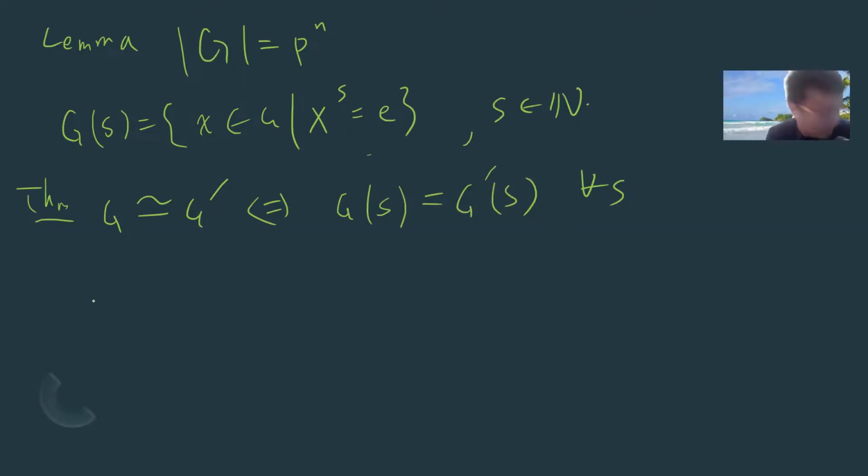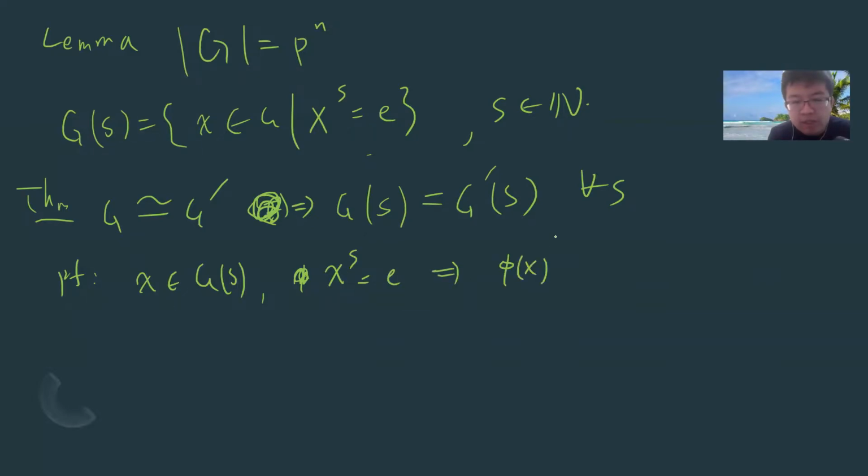Sorry, I should only prove one of these directions. Okay, so proof. This is very trivial. Let's take x belonging to G of s, so x to the s equals e, which tells you that phi of x to the s is e, because phi is a homomorphism, let's say phi is an isomorphism from G to G prime.